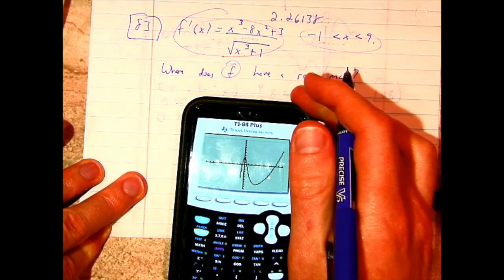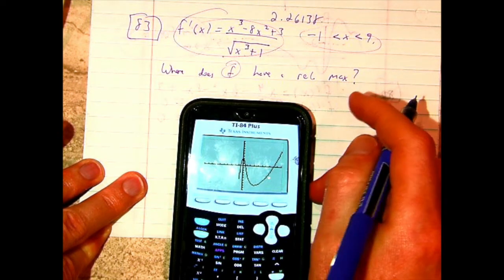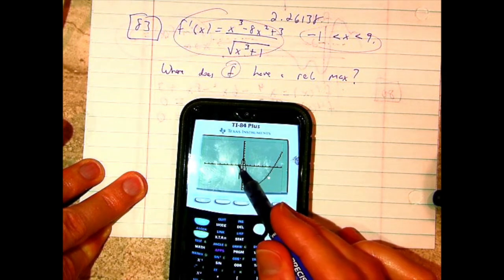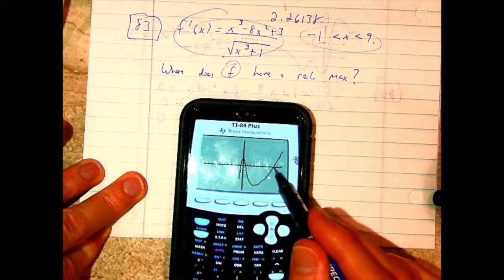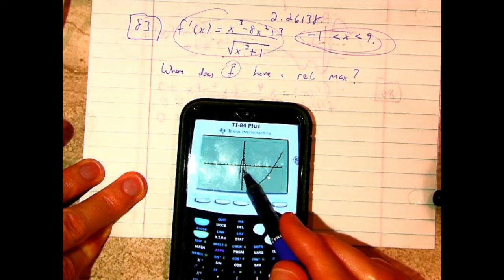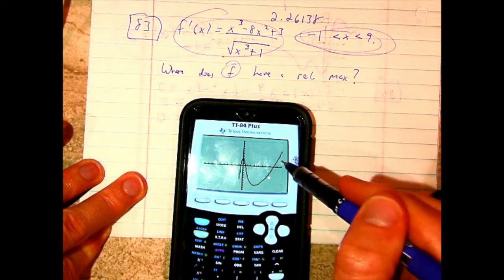We're looking for critical points, places where the first derivative is 0, right? And I see three such points, one here, and one here. And I think all three of those are within this interval. I'd have to look more closely to make sure, but I think they all do.